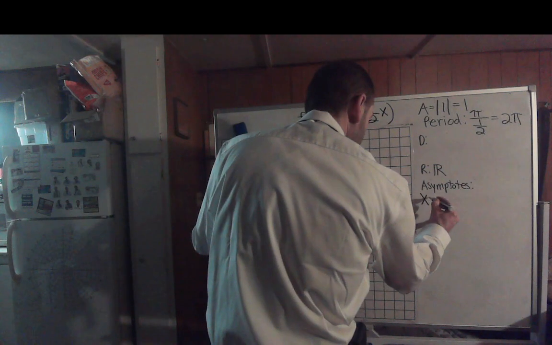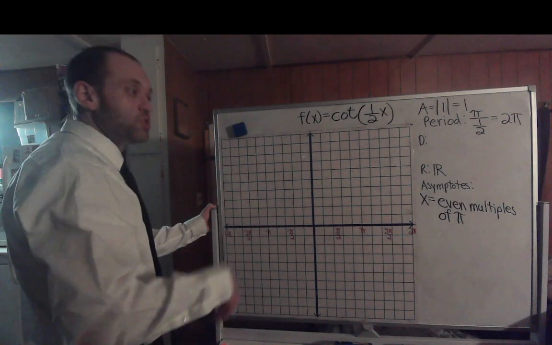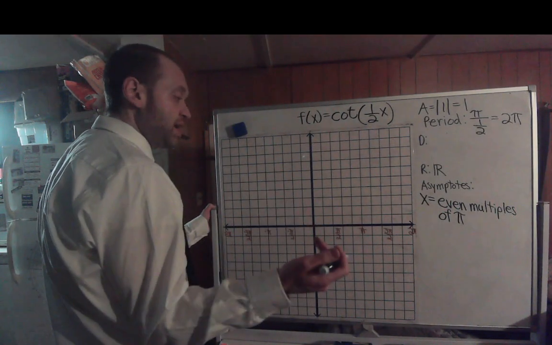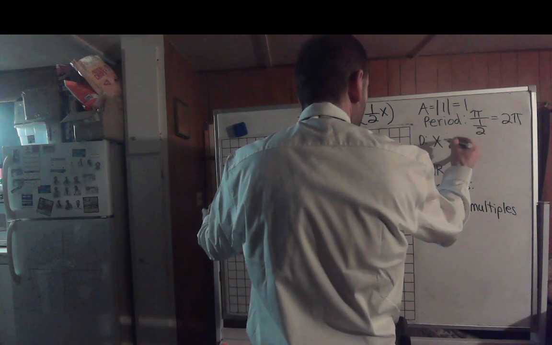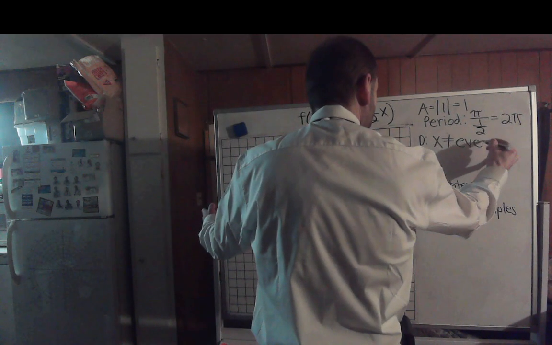So the asymptotes are going to be that x equals even multiples of pi. Which would be 0, 2 pi, negative 2 pi, so on. So x equals even multiples of pi would give you your asymptote, which means your domain is all of x not equal to even multiples of pi.